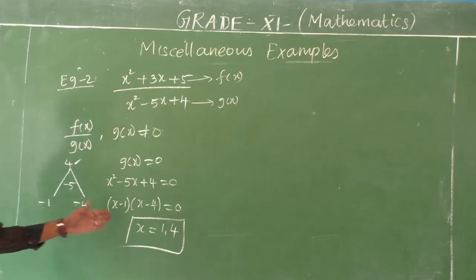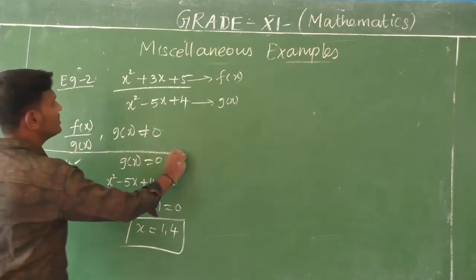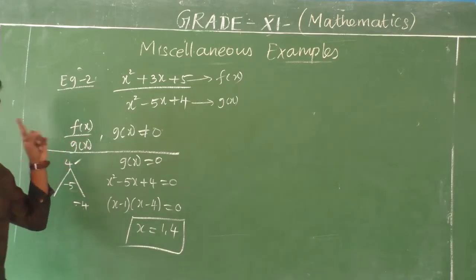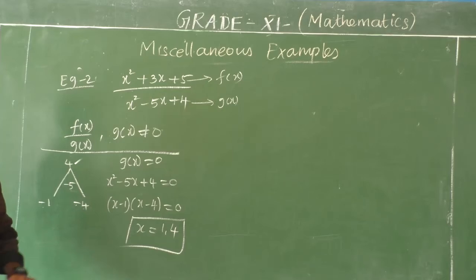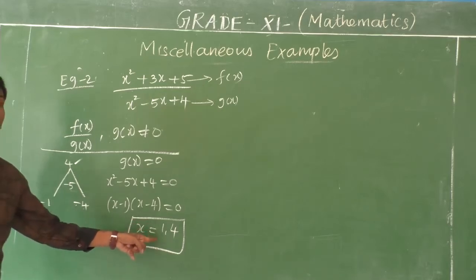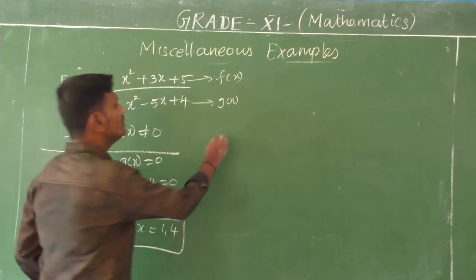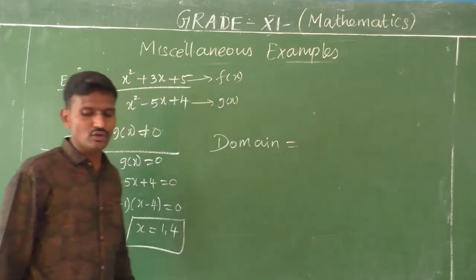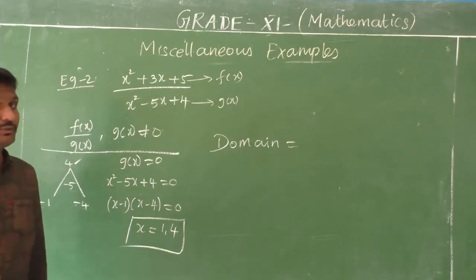Why are you taking this x, sir? Already I told you the rational function has the general format f of x by g of x when g of x is not equal to 0. But if you give these two values in the answer, it is not defined. So that's why the domain is the set of all real numbers except these two.